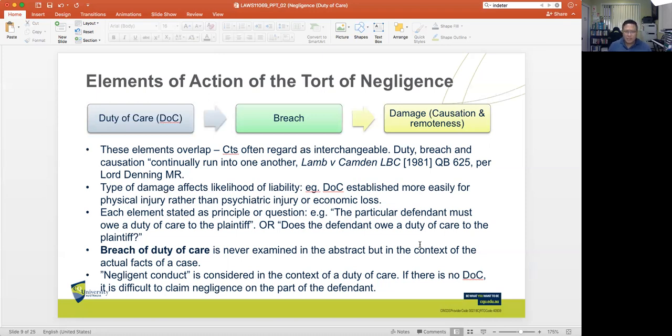We will also notice in this module that, as far as the elements of an action of the tort of negligence are concerned, and in terms of the damage, it is often easier to apply the principles of duty of care in relation to physical injury rather than psychiatric injury or economic loss, mainly because of the potential indeterminacy upon the defendant.